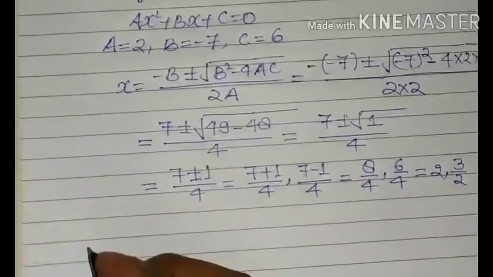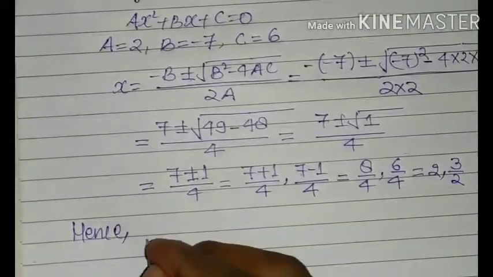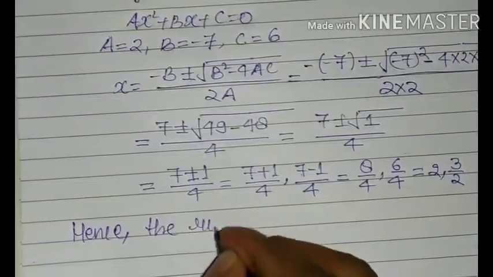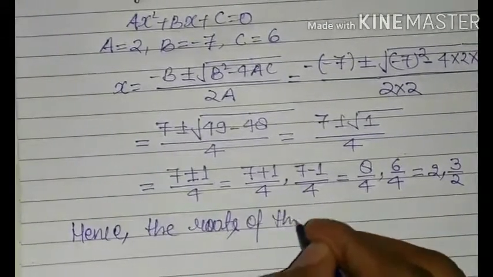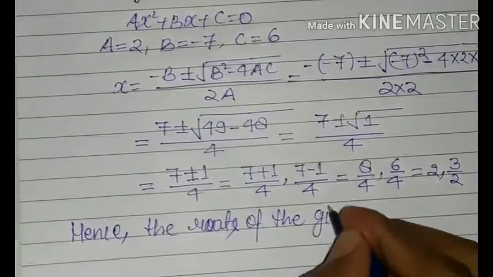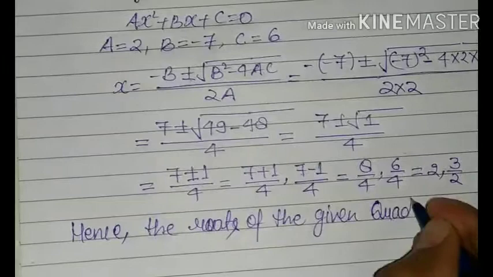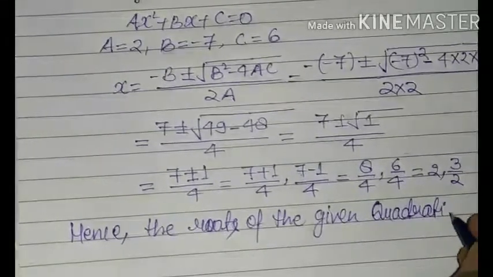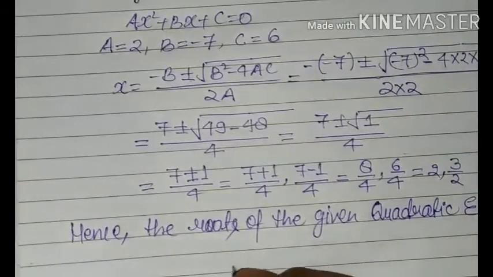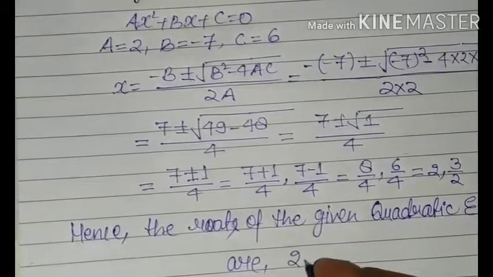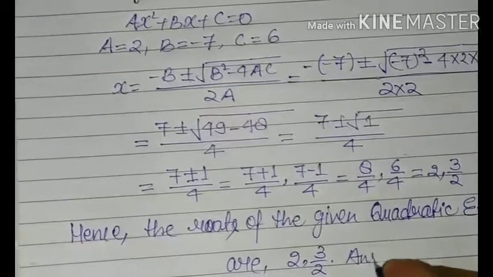Hence the roots of the given quadratic equation are 2 comma 3 by 2. Okay, this is our answer.